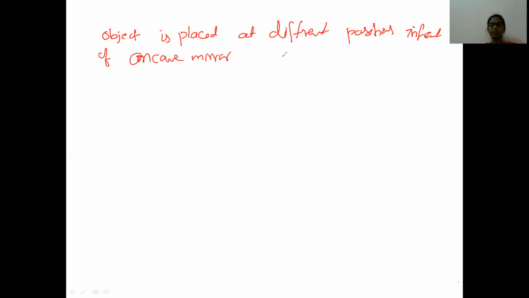You will get different characteristics of the images. So all those characteristics of the images we'll try to understand in this class.